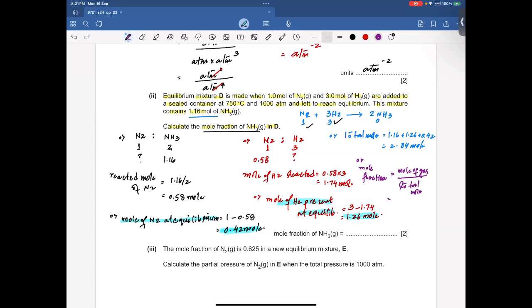So moles of gas is 1.16, it's given in the question. Total moles is 2.84. So mole fraction is going to be how much? 1.16 divided by 2.84, so it's going to be 0.408. So the mole fraction of ammonia is 0.408, and that's my answer.